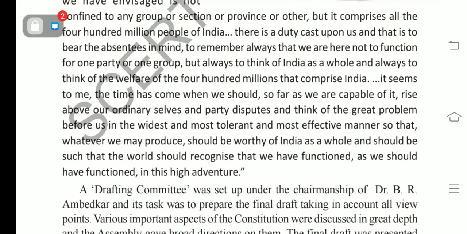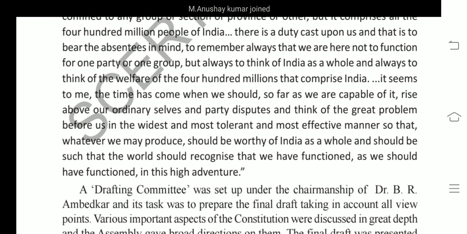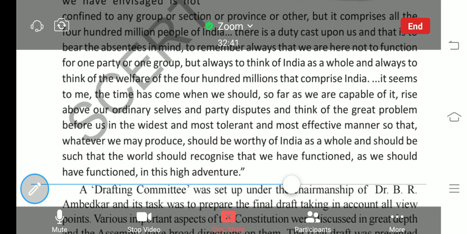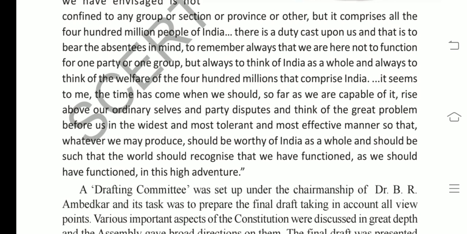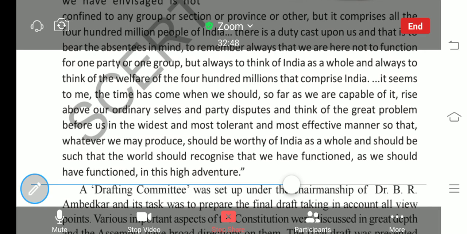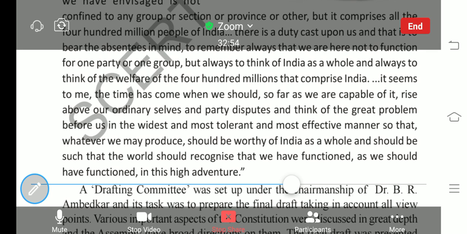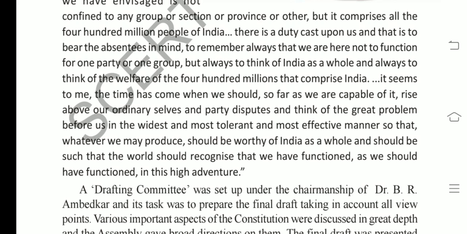That means the world should recognize that all the members of the Constituent Assembly have worked to their full capacity and produced the constitution which is best for all. Understand? This is the address of Nehru in the Constituent Assembly at the time of preparing the constitution.